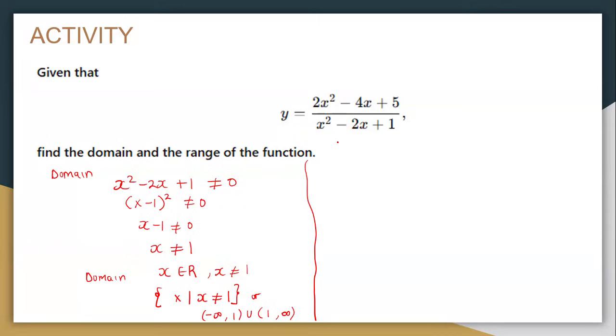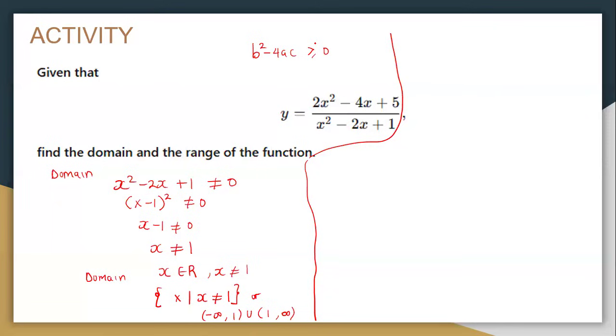Now, when it comes to the range of the values, you are going to take steps. When we are finding the range, earlier on you looked at the quadratic equations, and you said that when you have b squared minus 4ac greater or equal to 0, the discriminant.